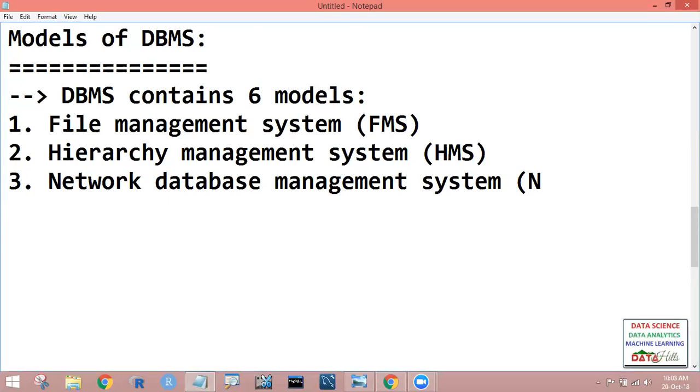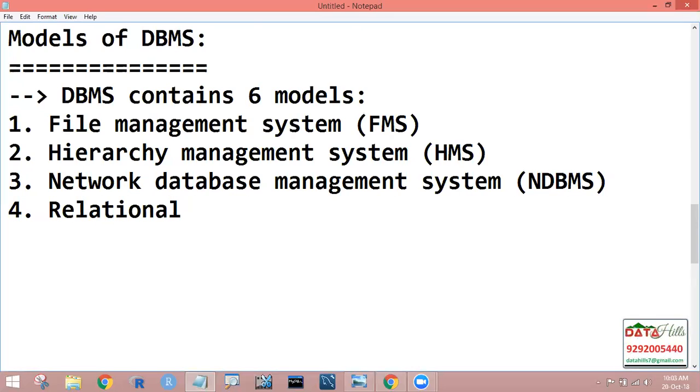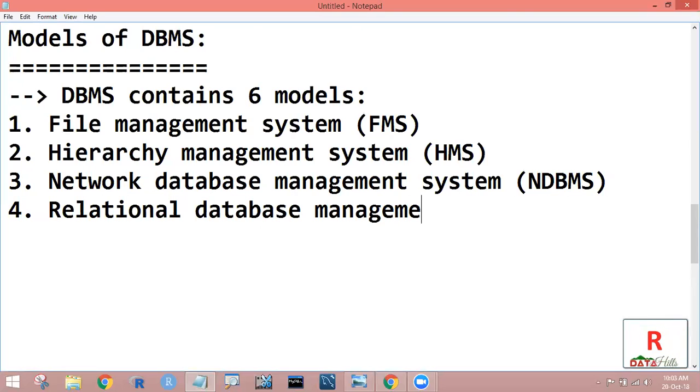The fourth one is relational database management system, that is RDBMS.